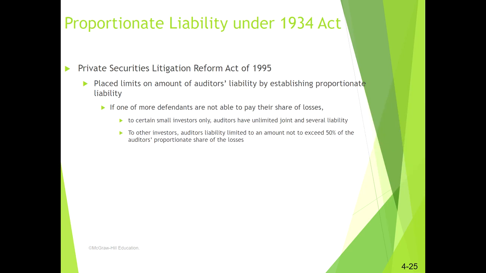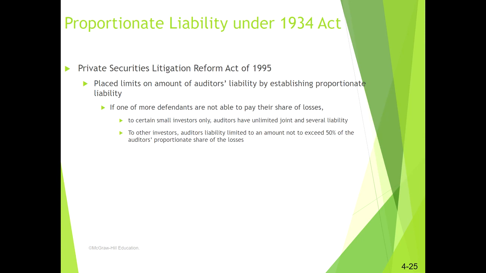And so they limited it based on the kind of investors that were bringing the lawsuit. So it could be that under certain small investors, they still might have this unlimited joint and several liability, as far as possibly being on the hook for the entire lawsuit amount.